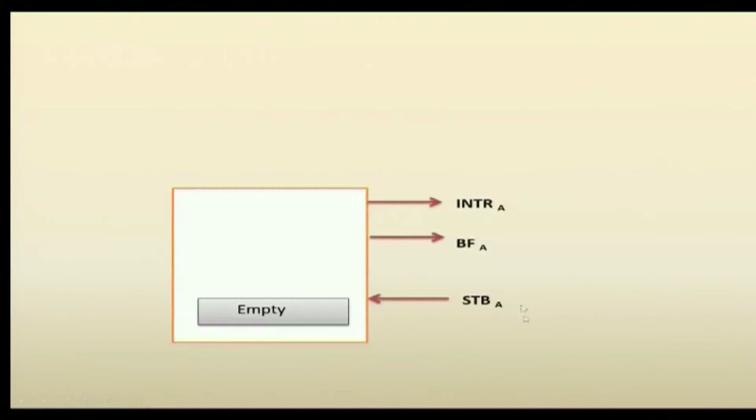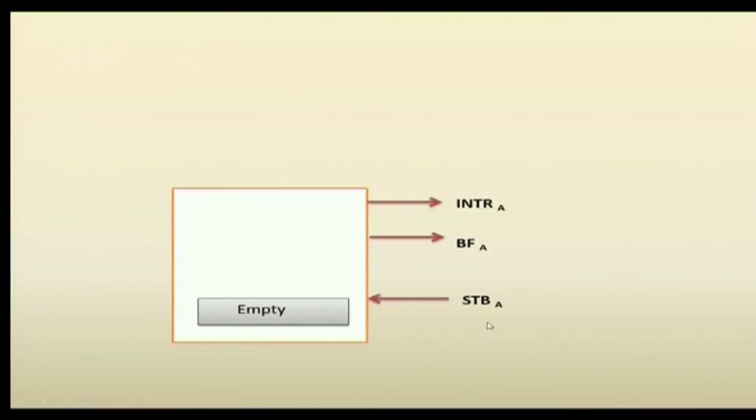So, the stop is an input signal, which is a control signal activated from the peripheral device. This input means the peripheral sends the data to the 8155. Initially it was empty. The buffer full is the output signal to the peripheral device. When it is full, it sends the signal to the peripheral, and at the same time it also activates the INTR to the processor.